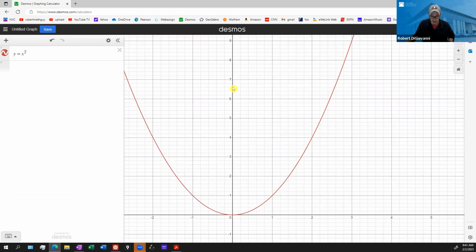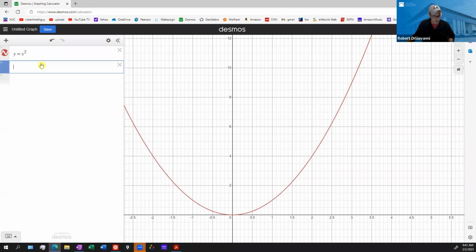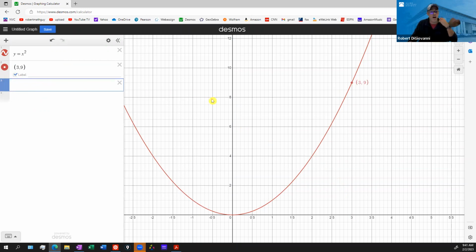There it is. Let me squash this down a little bit more. So here's 3. Let me plot the point. The point we have is 3, 9. That's the point on the graph. So if you were to try and find the tangent line to that curve at that point, the slope of it should be what?